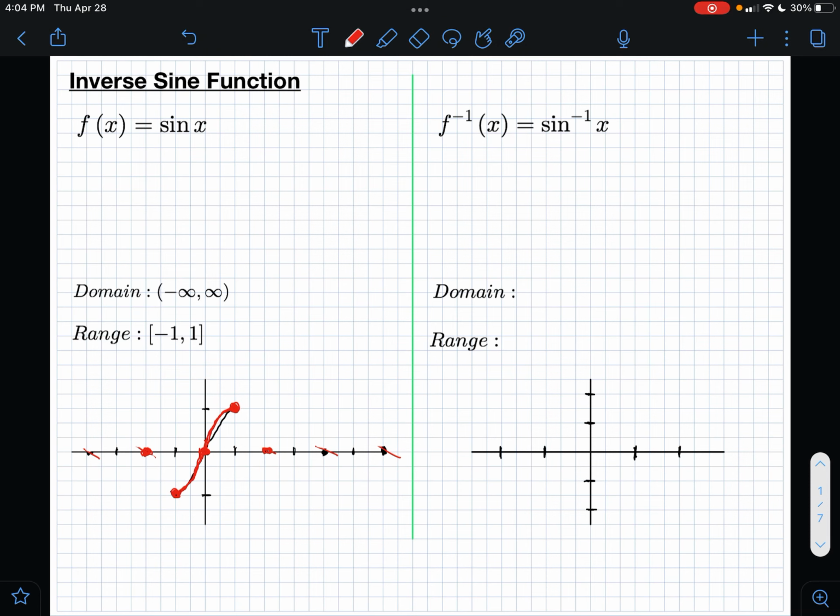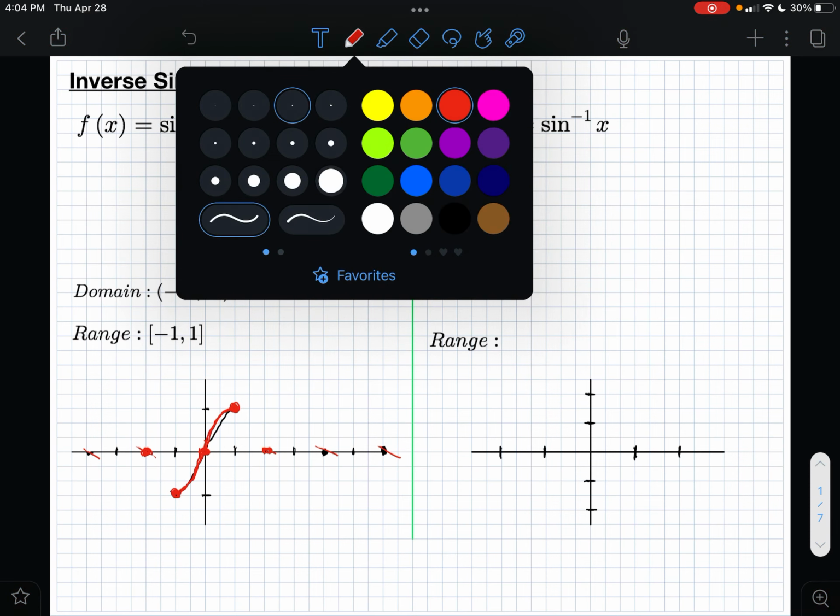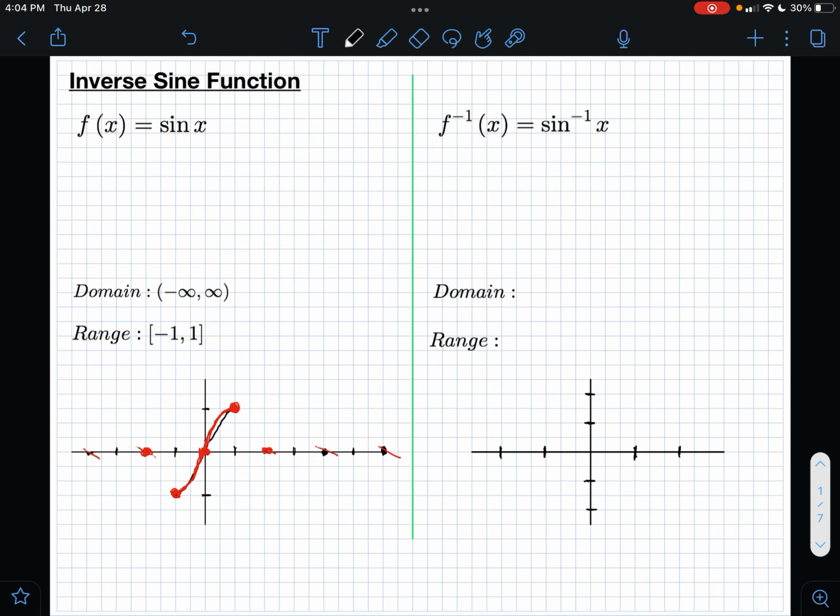So what we get is that we're going to have to restrict the domain so that we can't go any further to the left than -π/2 and any further to the right than +π/2. So we're going to have to take this regular domain of the function and restrict it to being between -π/2 and +π/2.